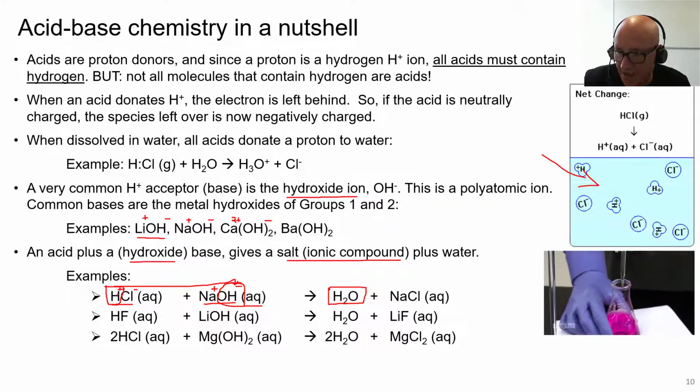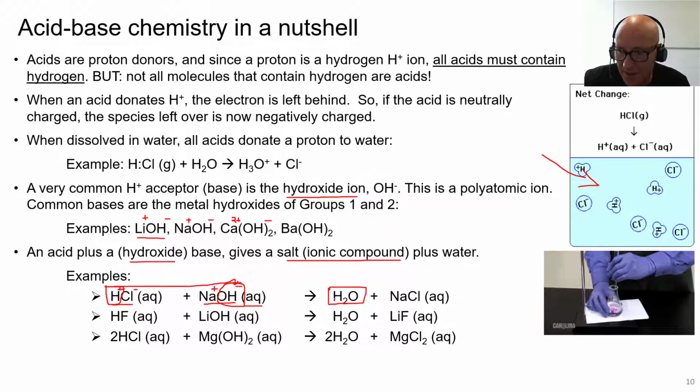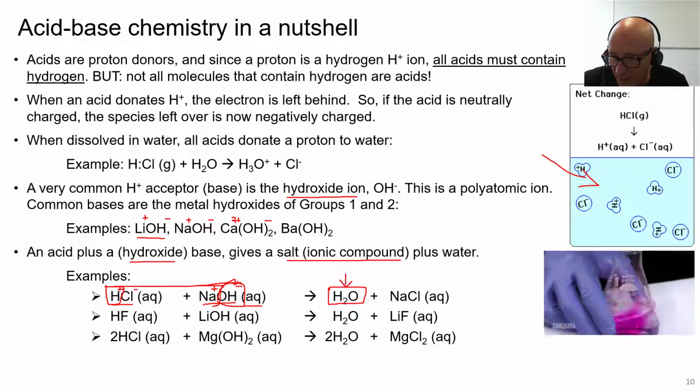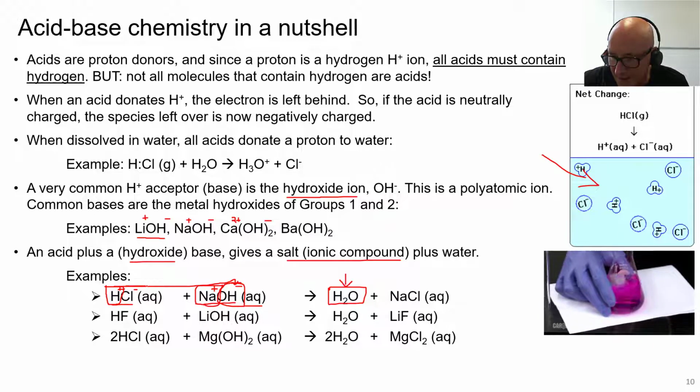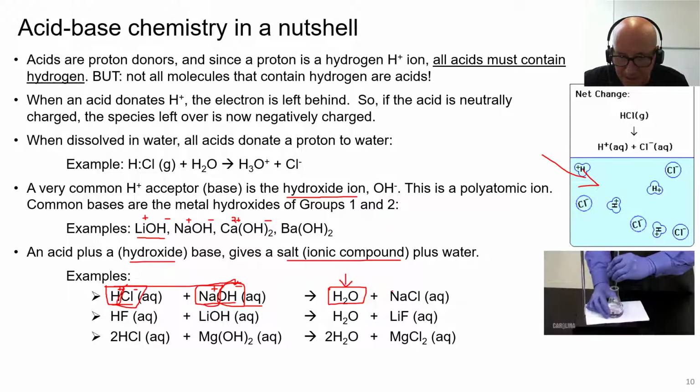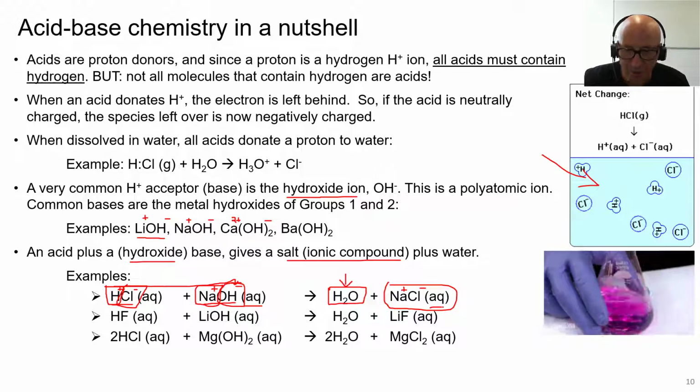H plus plus OH minus gives H2O. So there's our water. What's left over, because nothing else happens, you end up with Na plus Cl minus. There it is there. Remember, that's actually this, and at the moment it's in solution.